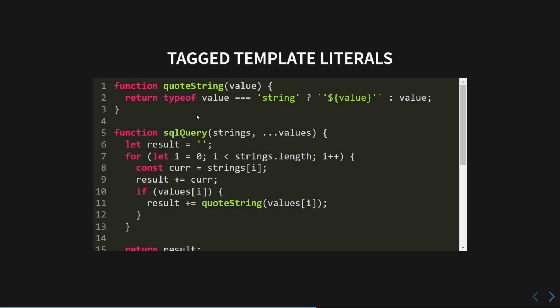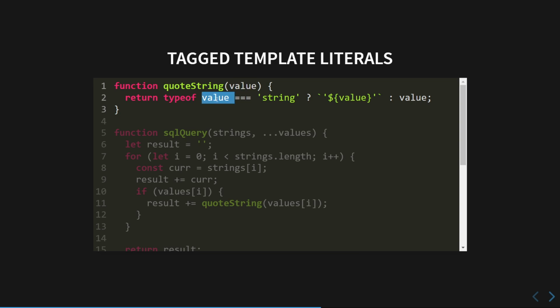So here we're defining a little SQL domain-specific language. I have this function called quoteString that just takes a value, and if the type of the value is a string, then it surrounds that string with quotation marks. If you've ever used SQL, you know that numbers are just numbers, but if you want to include a string, you have to surround it with quotes.